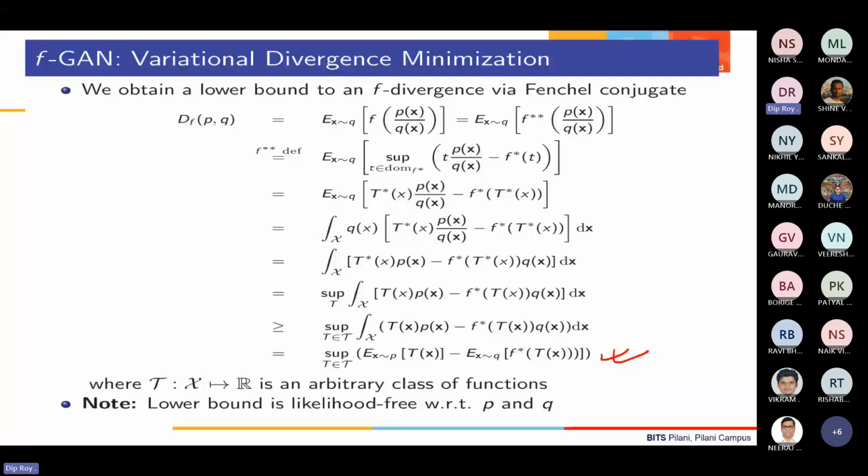Now I can simply take the samples from the generator, I can take the samples from my training data, and work with them to get the variational divergence minimization, a lower bound that is likelihood free with respect to P and Q.